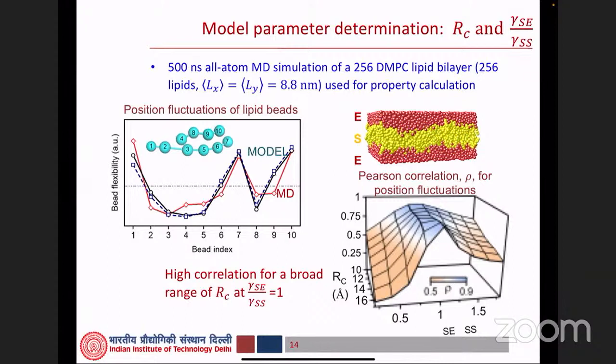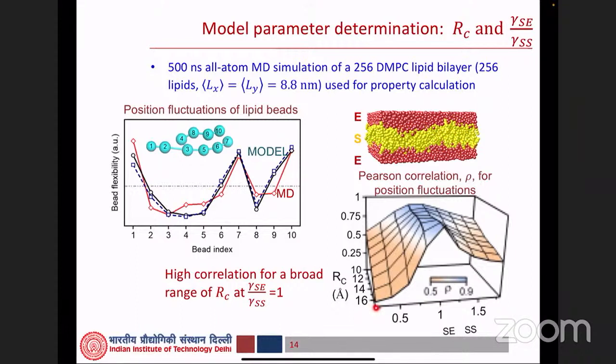Then the second variable in the equation, as I mentioned, is gamma SE. Sorry, the variable is not very visible on the x-axis. It is the ratio of gamma SE to gamma SS, the spring constant for system-environment interaction divided by the spring constant for the system interaction. I can clearly see that if I take this number to be 0, I get small values of position correlation.